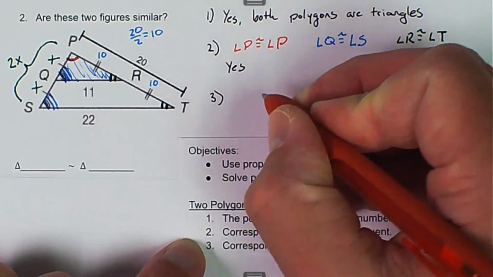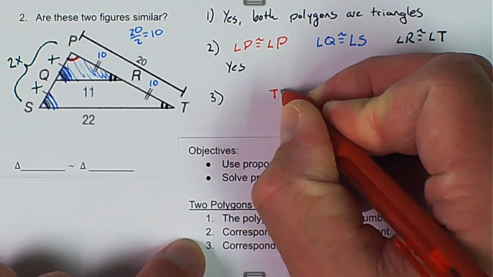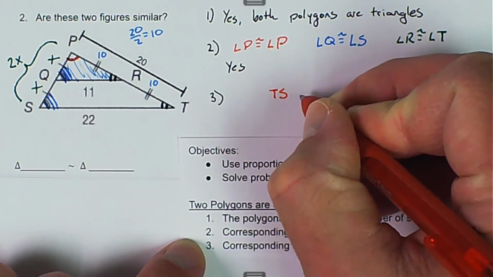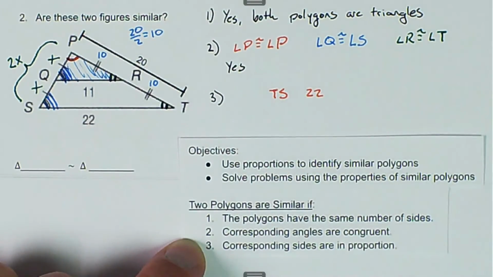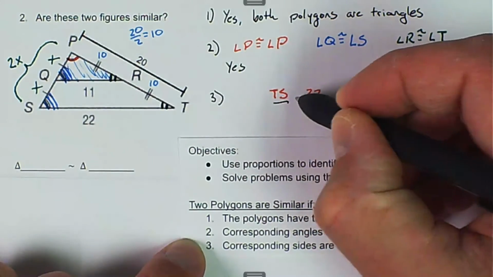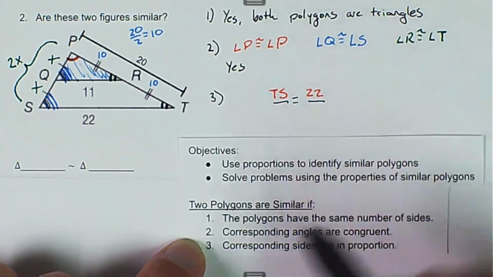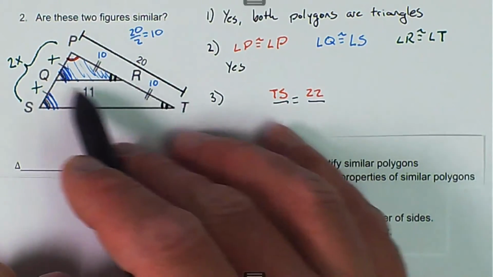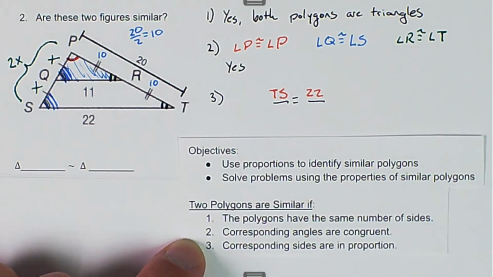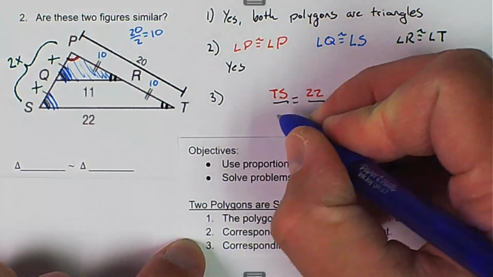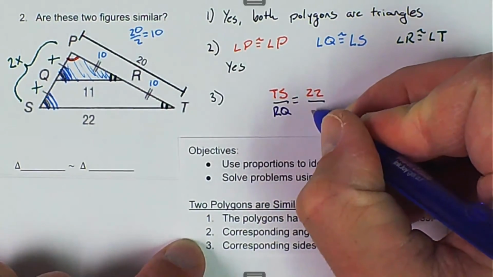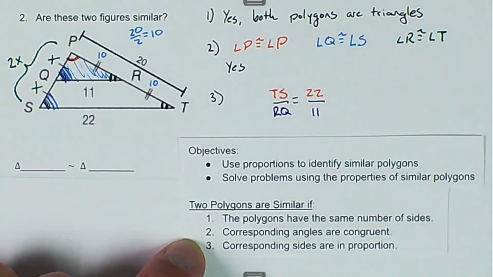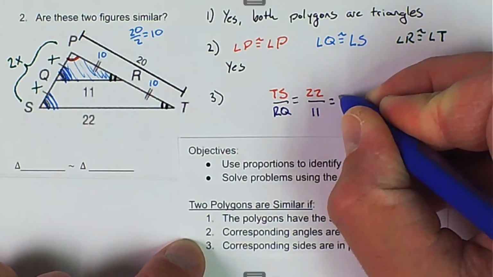So I can say TS, and the value of TS is going to be 22. So TS is going to compare to RQ, and that is 11. So when we say 22 divided by 11, we get a value of 2.